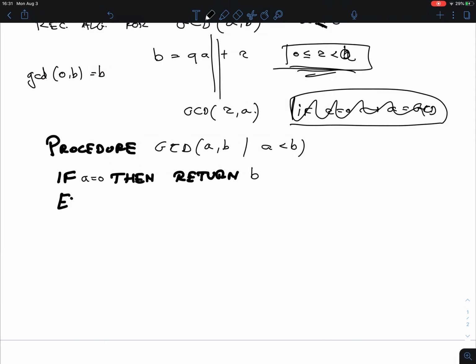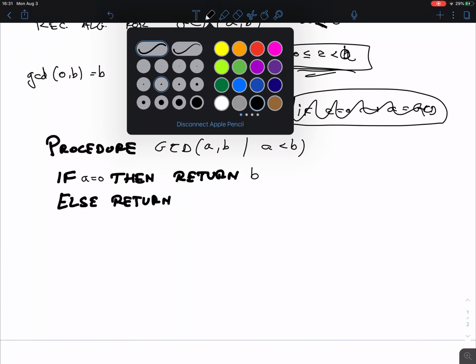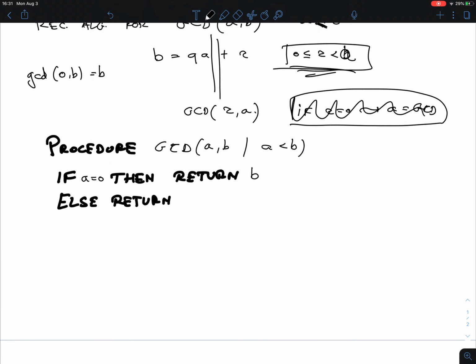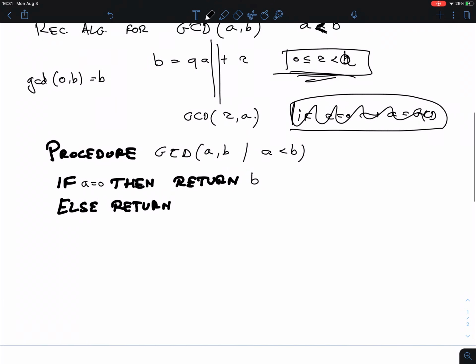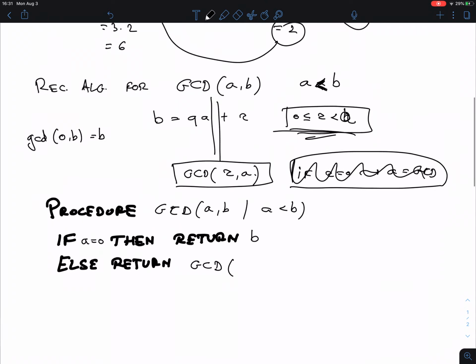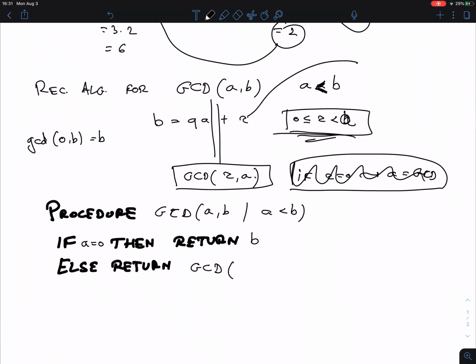Else, return. Let's see what we have to do. Well, we have to now take the GCD of this thing. Now, what is R? R is the remainder of dividing B mod A, and that is denoted by this function.